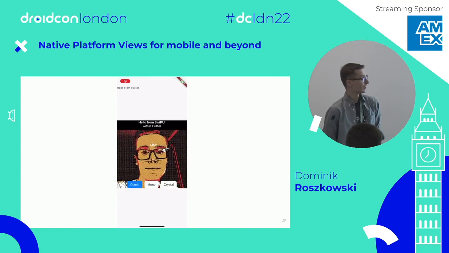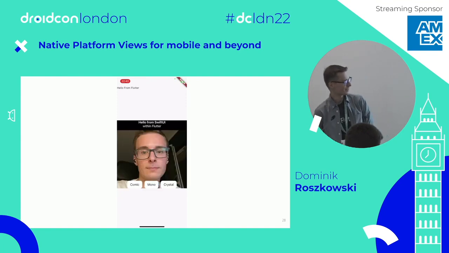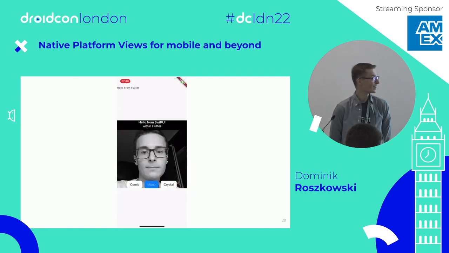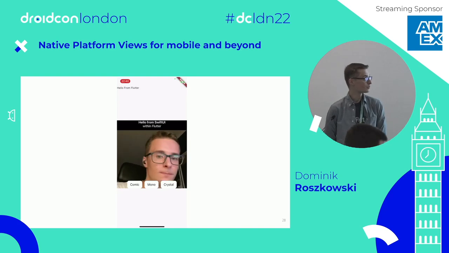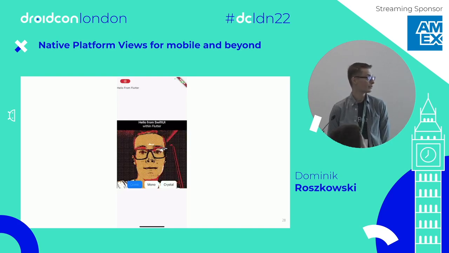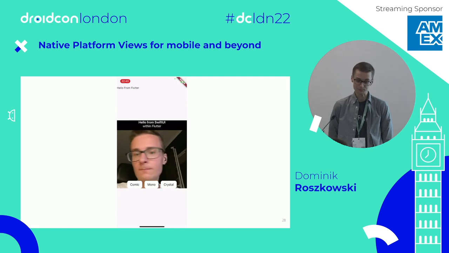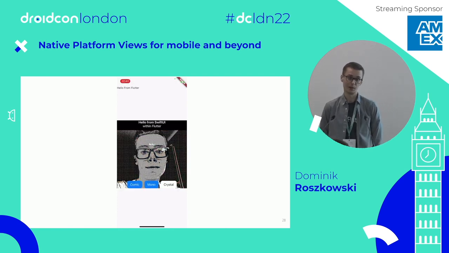And this is the effect, right? Just embedding this, and the sample had some effects, so I'm just fooling around here. You remember our label, "Hello from SwiftUI" within Flutter, and then we have our camera. This is a GIF, but in fact it was so smooth compared to, for instance, the official camera plugin. I was astonished.